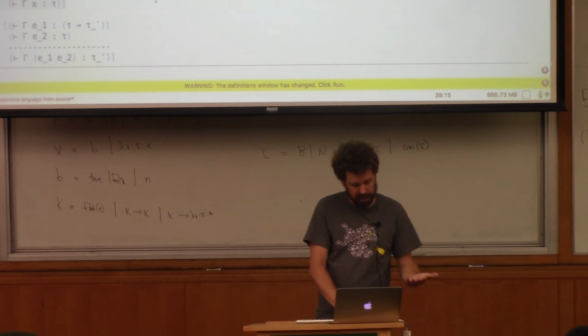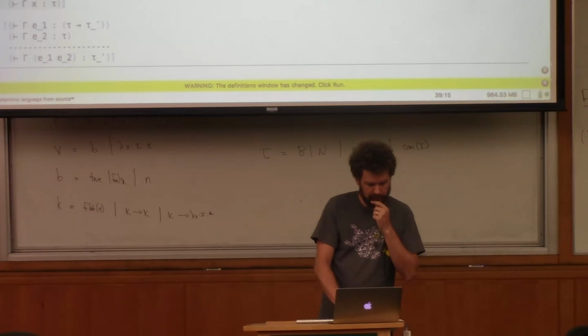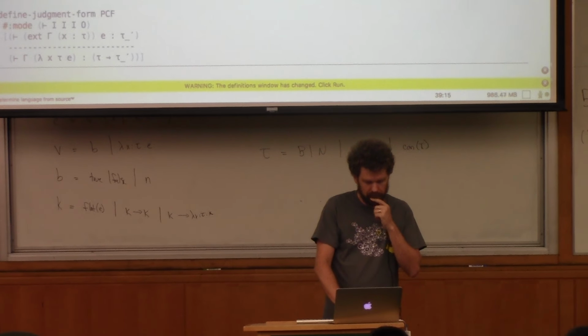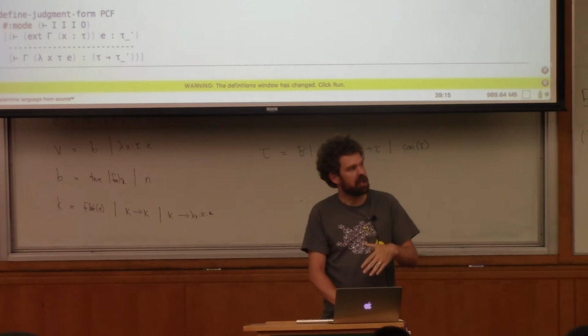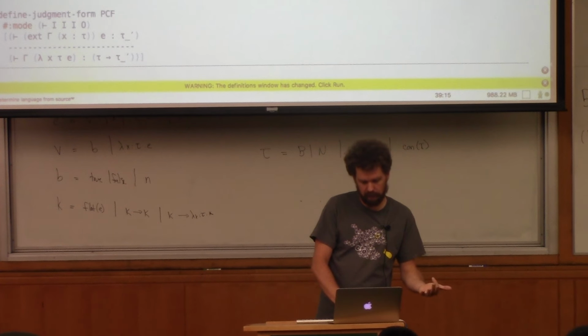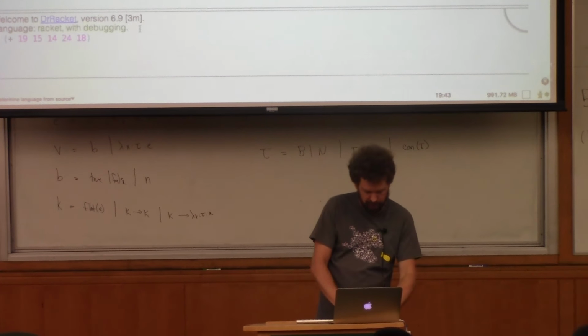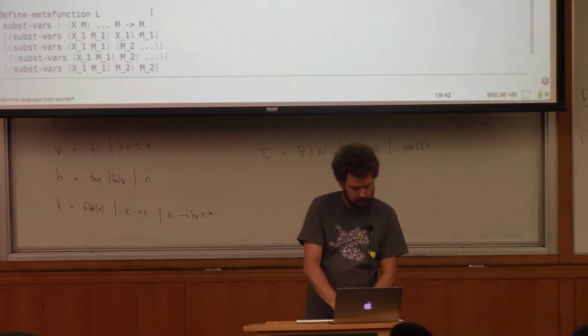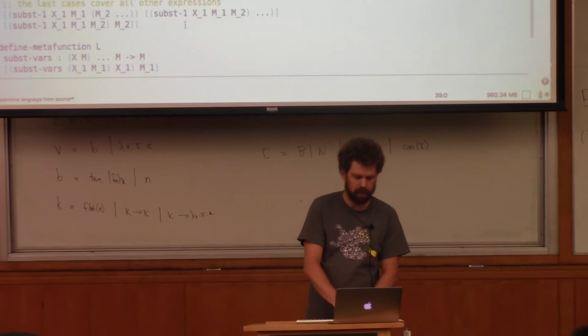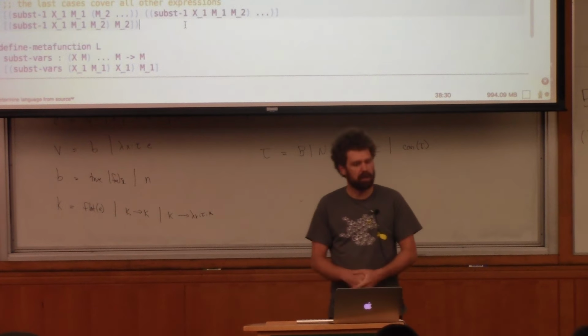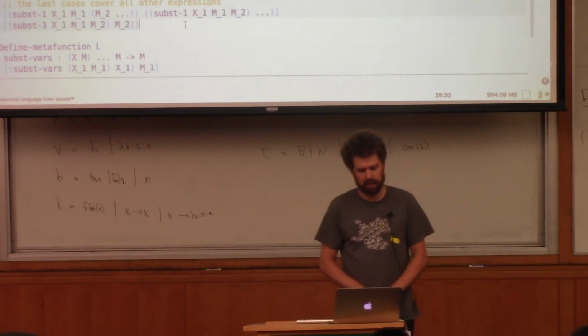I had to define some meta-functions, okay? Like lookup, extension, and substitution. Do you want to see the awfulness of these? Okay. Extension, we wrote that actually together. Lookup, that's easy. Substitution, it fits on a screen. It's not that bad, but that's substitution.